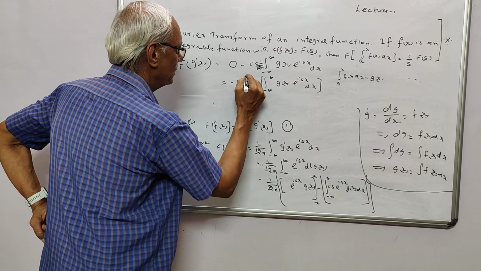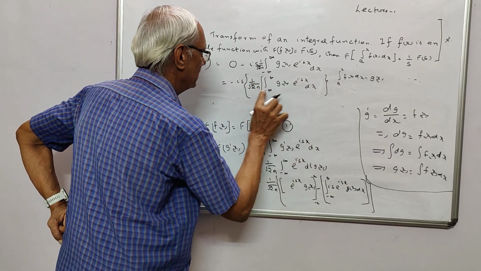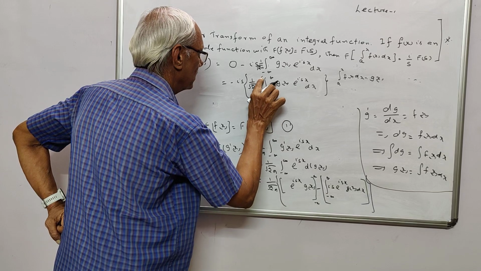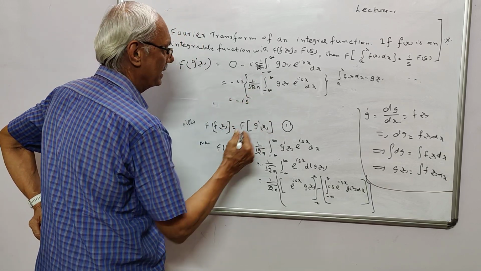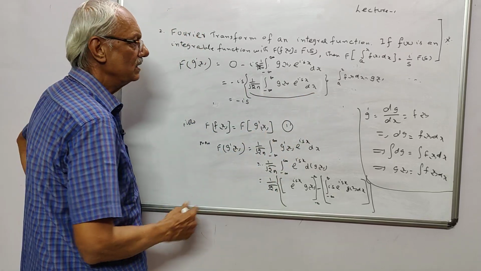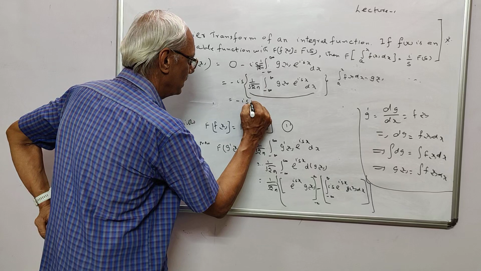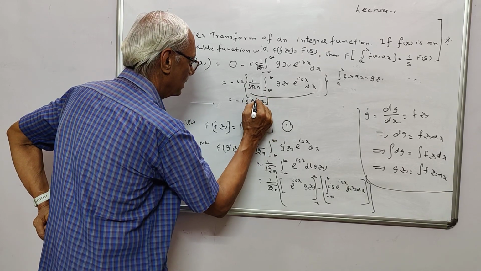Okay, now you see that I will put it in this way. Why should I put it like this? Now this is equal to minus is. What is this? This is a Fourier transform of g of x. So this is equal to F of g of x.